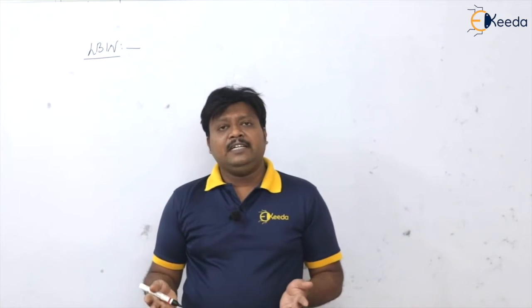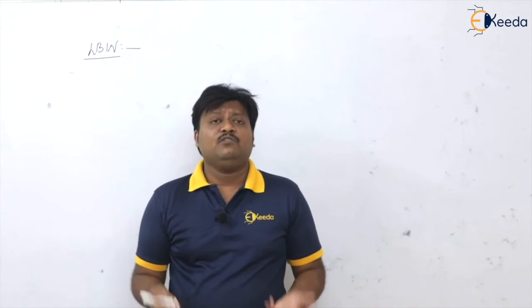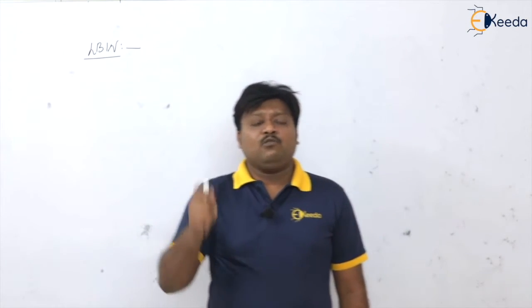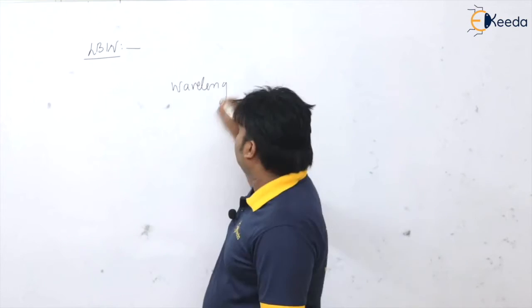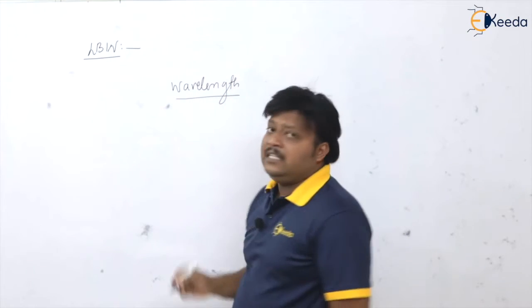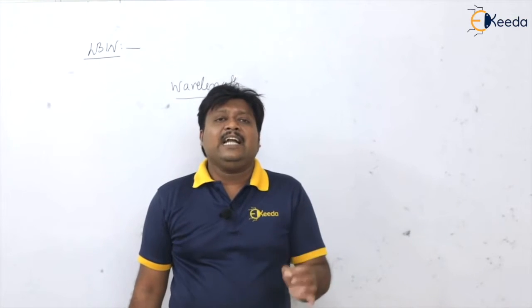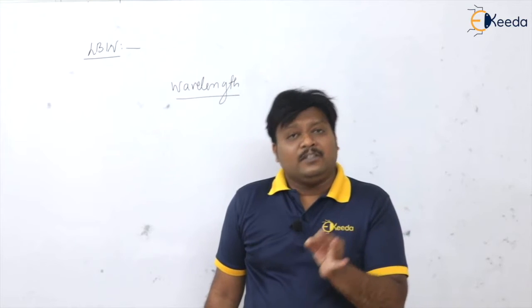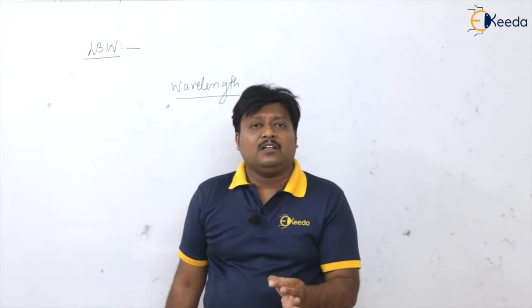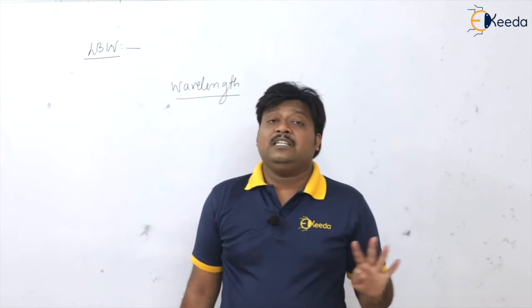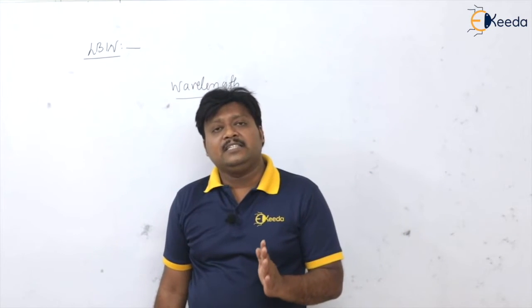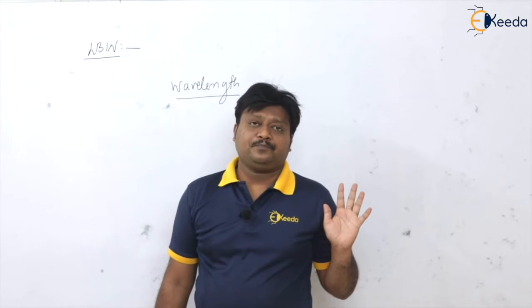In laser beam welding, we have to select the wavelength of the laser such that it produces heating of the workpiece, so only melting occurs and vaporization does not occur. That is how it becomes the laser beam welding process.